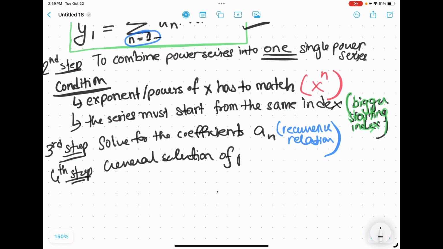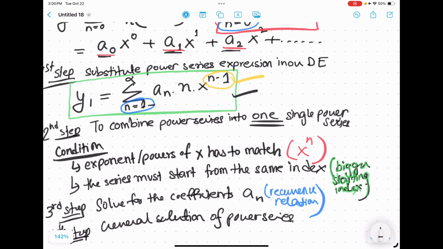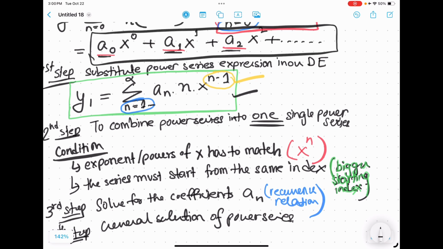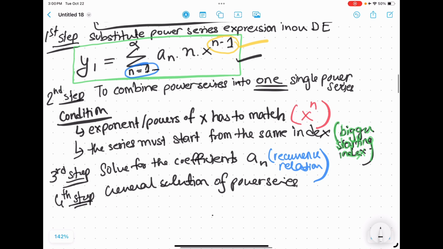Of power series, which is basically this one right here. So these are my steps. Again, let's do a quick revision. First, we will substitute our power series expression into our differential equation. We're just going to plug in our power series expressions into the differential equation, and then we will try to combine them into one.